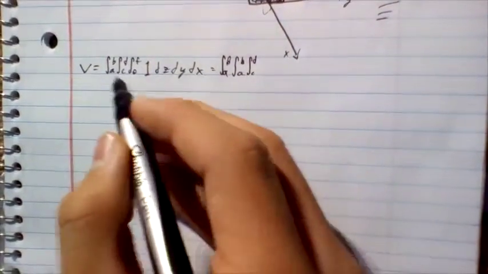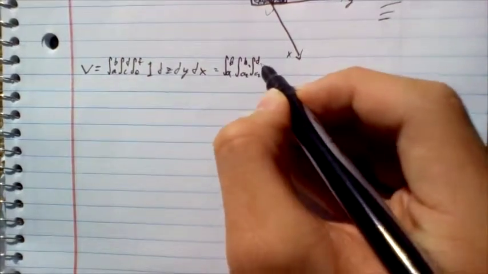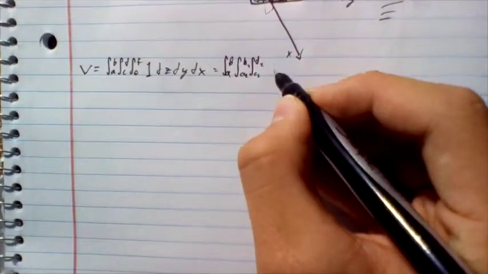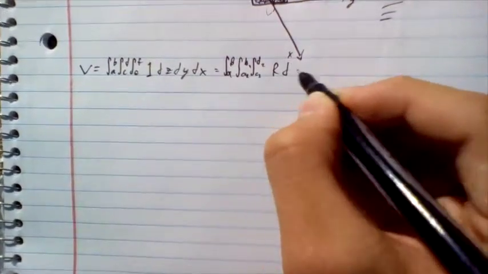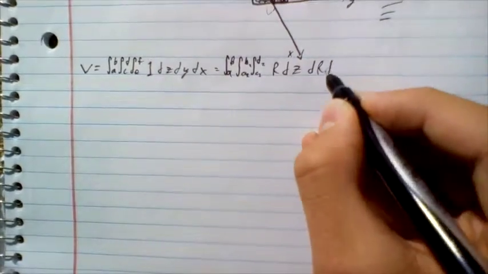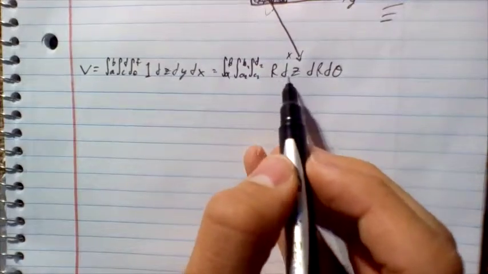Remember, these are not going to be equal to that. Let's just call them a2, b2, c2, d2, just to separate from these guys. Of cap R dz d cap R d theta, because dz dy dx is not equal to dz d cap R d theta.